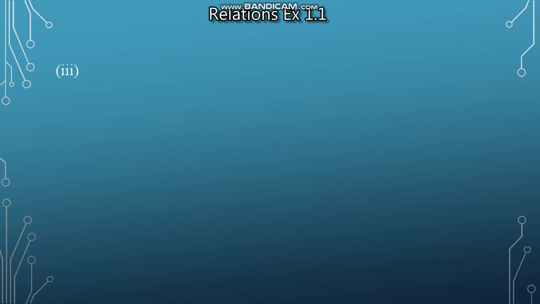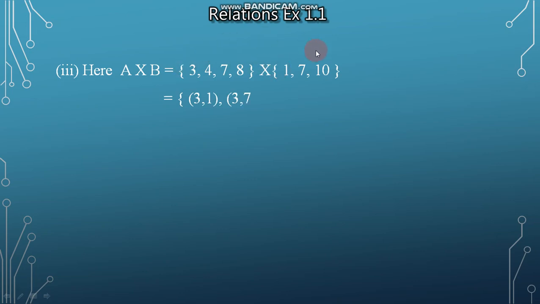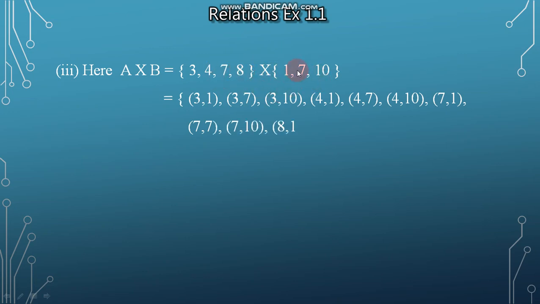The third subdivision also, first write A cross B. Here {3, 4, 7, 8} cross {1, 7, 10}. So A cross B is (3, 1), (3, 7), (3, 10), (4, 1), (4, 7), (4, 10), (7, 1), (7, 7), (7, 10), (8, 1), (8, 7), (8, 10).